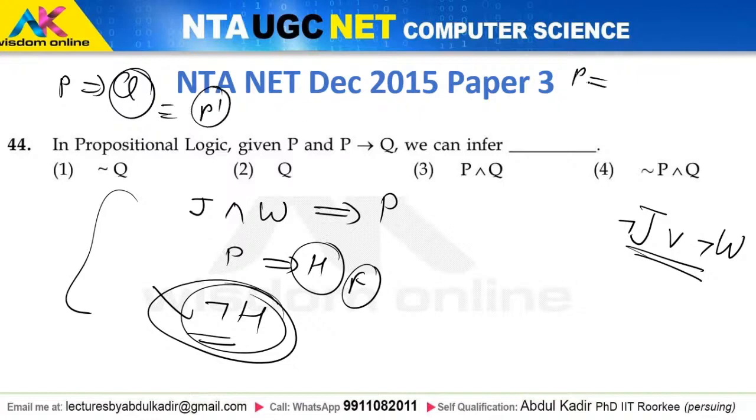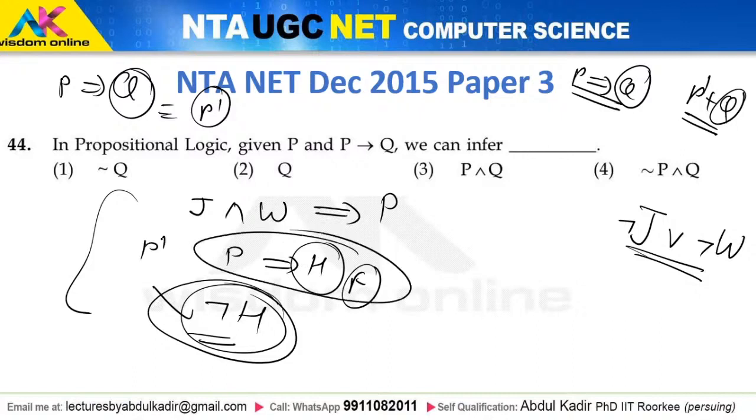Why? P implies Q is nothing but P dash plus Q. If Q is false, then false plus P dash is nothing but P dash.